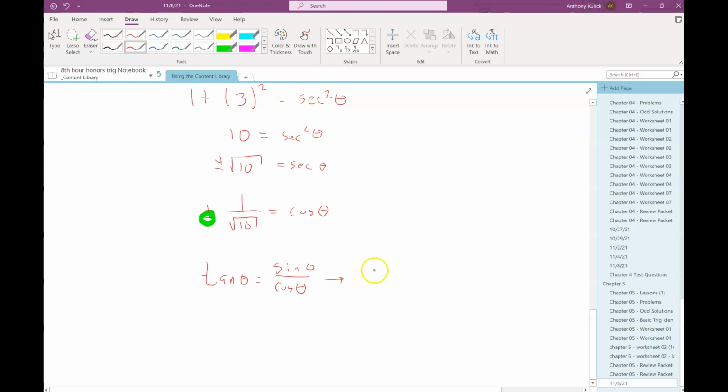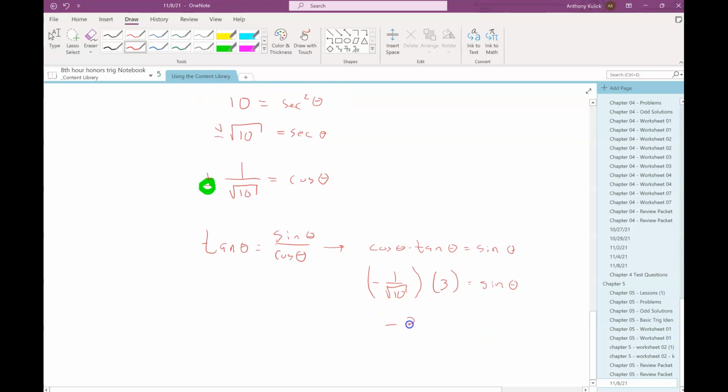If I want sine, though, I multiply both sides by cosine. So I have negative 1 over square root 10 times 3 equal to sine theta, or when I rationalize my denominator, negative 3 root 10 over 10.